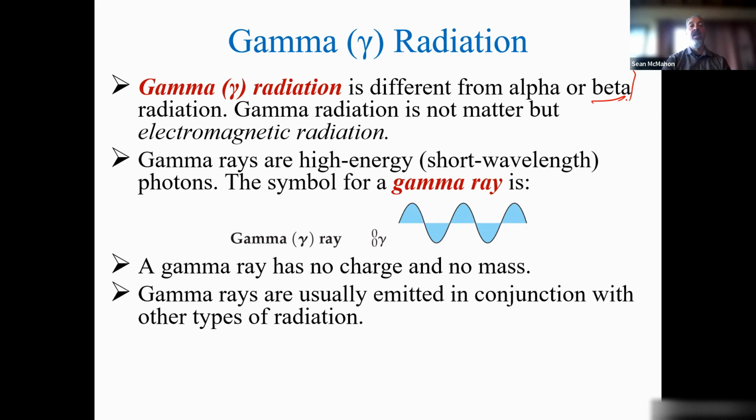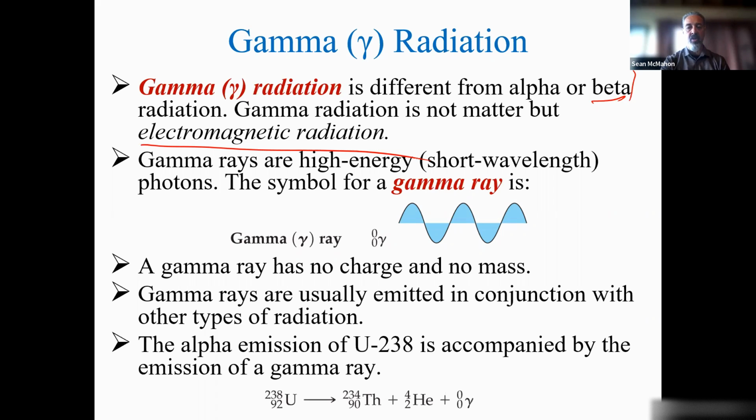It's typically coupled with another type of radiation. So if I have an alpha decay, I might also shoot out a gamma particle. And when I say particle, really what I mean is electromagnetic radiation, a form of light. We learned this when we talked about light. So this gamma ray doesn't have mass or charge.